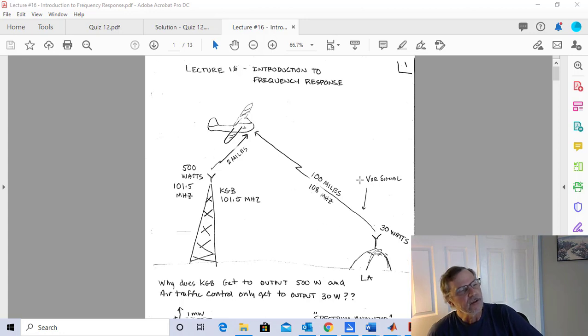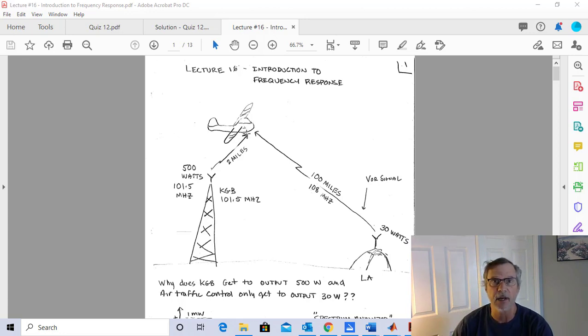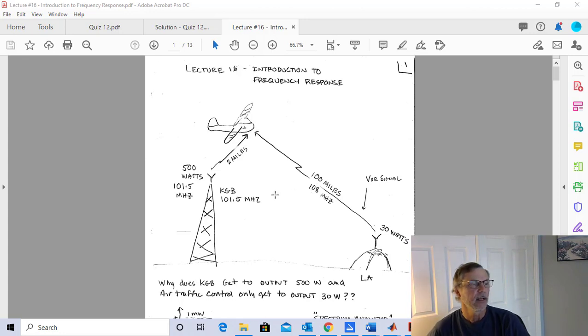And so the airplane is listening to this station that's only 30 watts of transmit power, and it's 100 miles away from the airplane. Now, the airplane is flying over a strong FM radio tower. In this case, it's KGB 101.5, and it's spitting out about 500 watts. And look at the airplane.